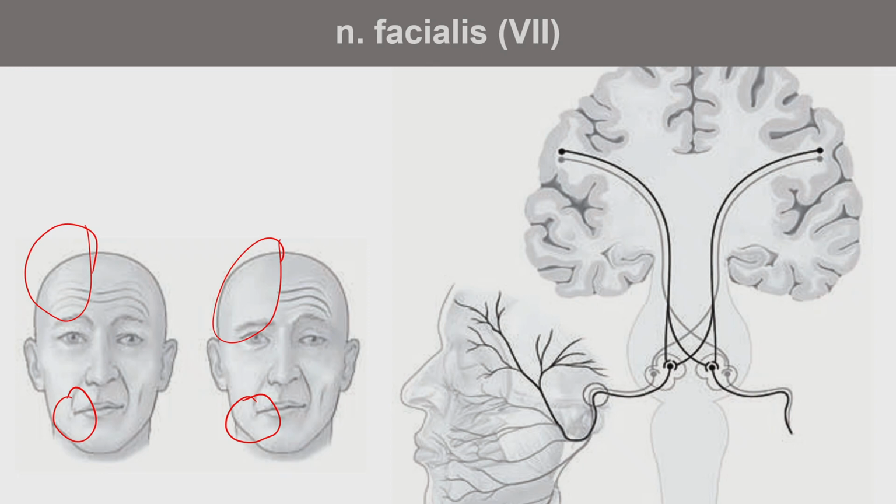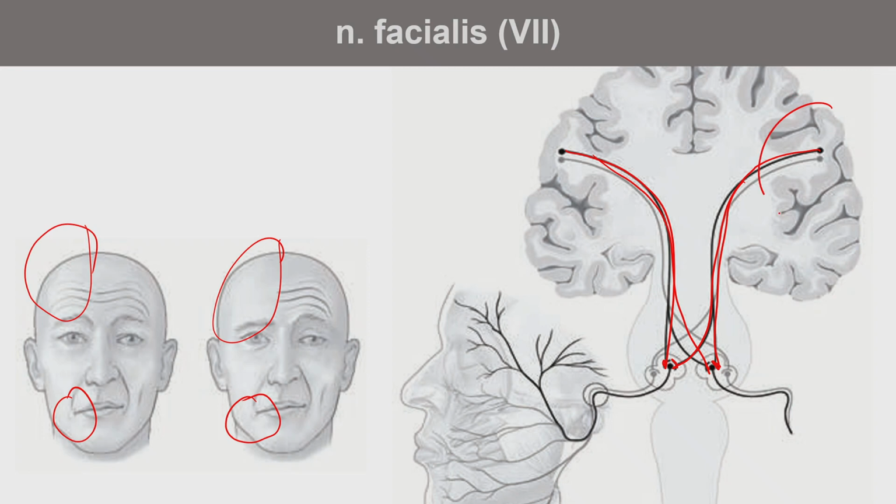We have a different relay of the first motor neuron. The first motor neuron is localized in the precentral gyrus. The upper part, the frontal part, has a double relay, so it is a relay to the one and to the other side. So bilateral.